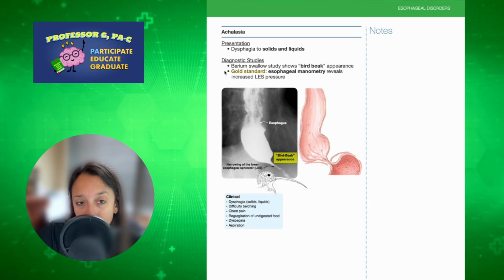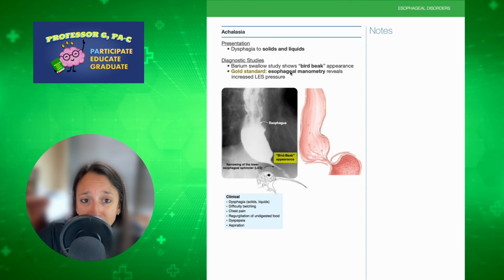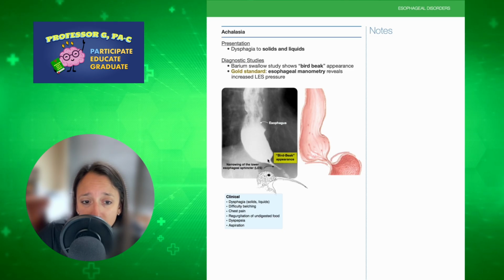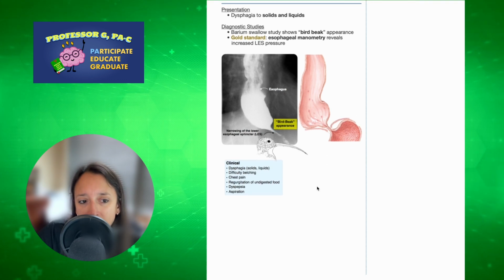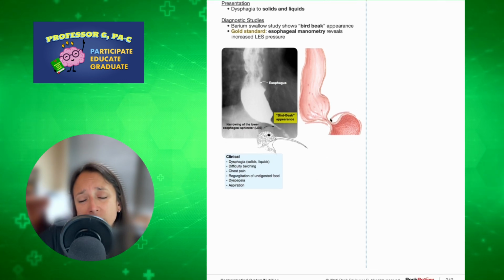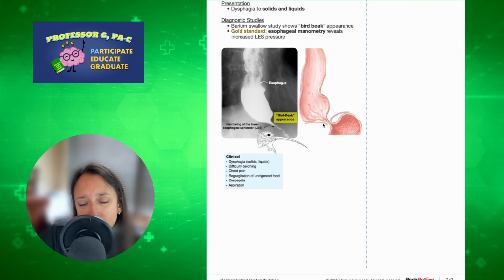The gold standard, however, which we don't do that often initially or ever, is an esophageal manometry, and that's going to show the increased pressure in the lower esophageal sphincter area. And the treatment for this is usually initially a pneumatic dilation where we go in and put a little balloon in here which dilates.